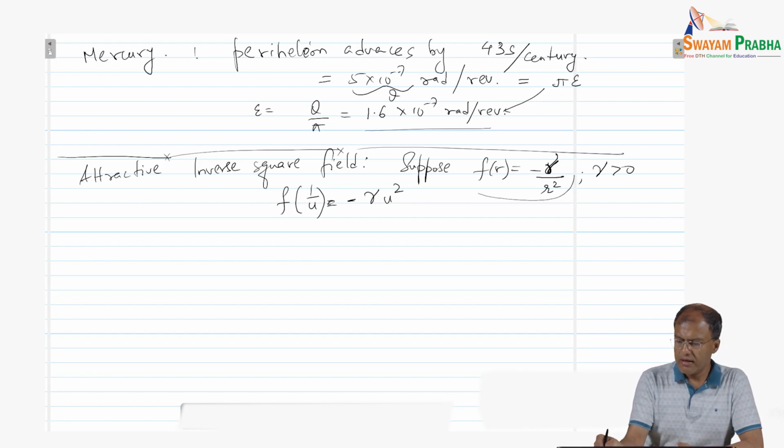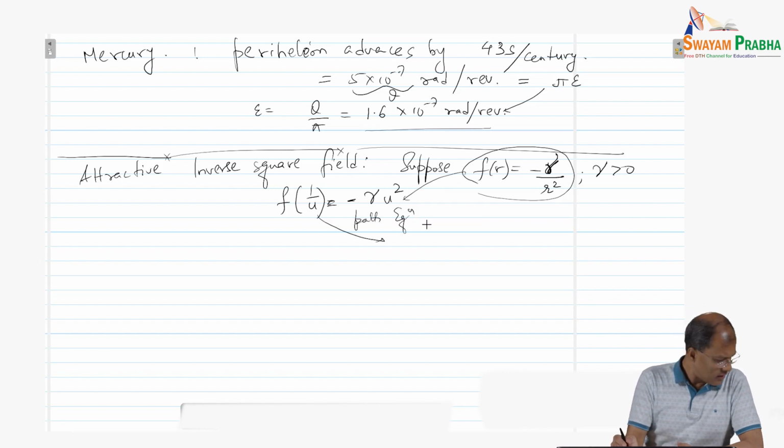This is my attractive law here, and we plug it into my path equation. And we see that d2u d theta 2 plus u is equal to, my path equation will give us, plus gamma over L square, right?